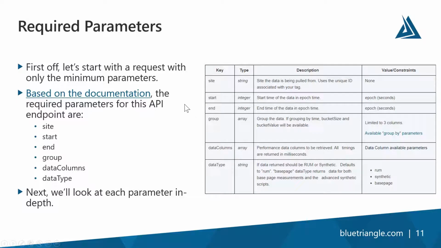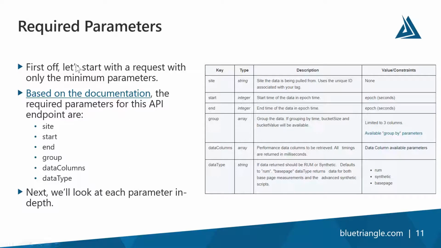The API documentation can be quite overwhelming, especially for some of the larger endpoints like the performance endpoint. So what we're trying to do here is help you focus in on the essentials and the easiest way to construct your JSON request. To the right here, these are the required parameters for each API request to the performance endpoint.